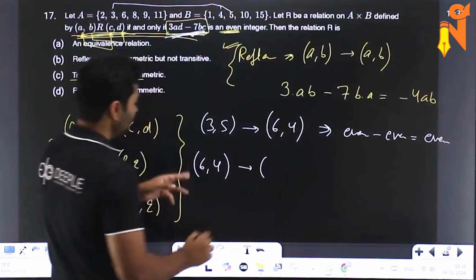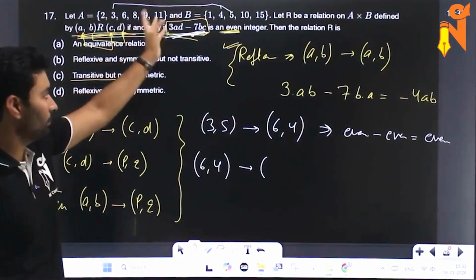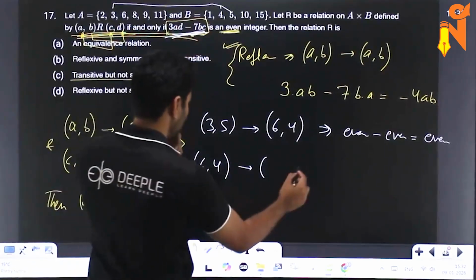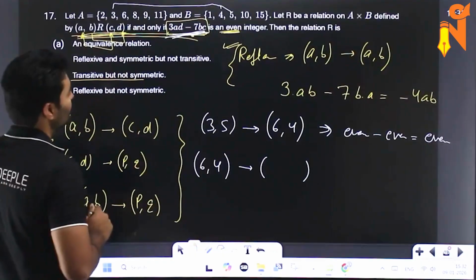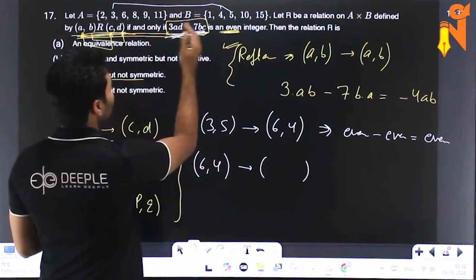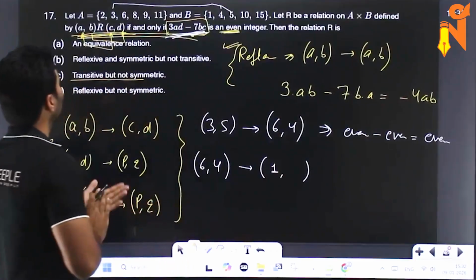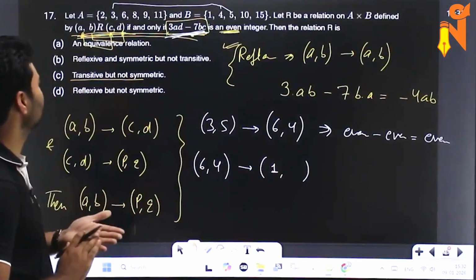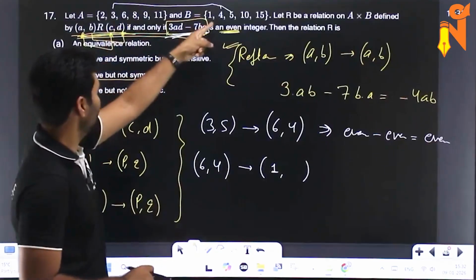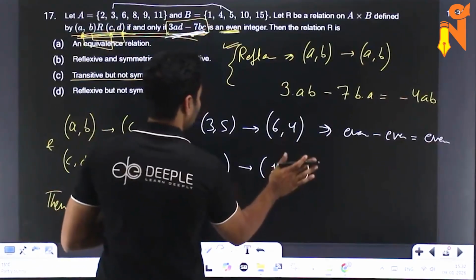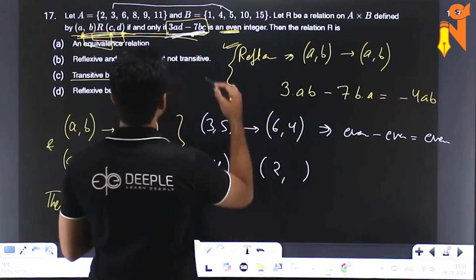So when I put 6 here, I will pick a number, let's say 1. And when I put 6 here, I'm getting 4. Now I'll pick a number, let's say I am getting 1.